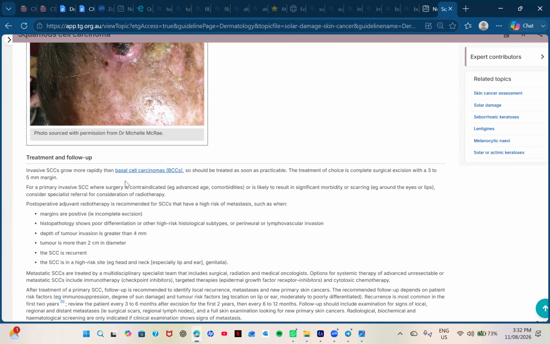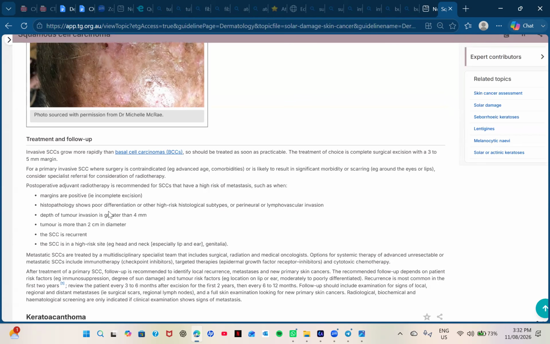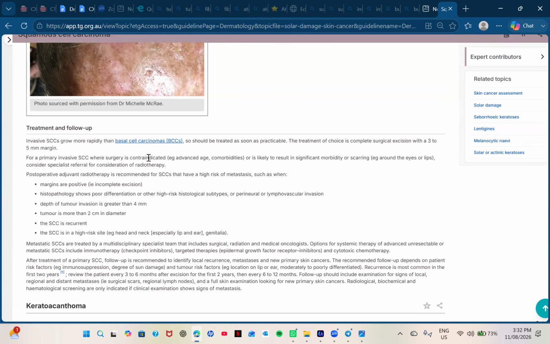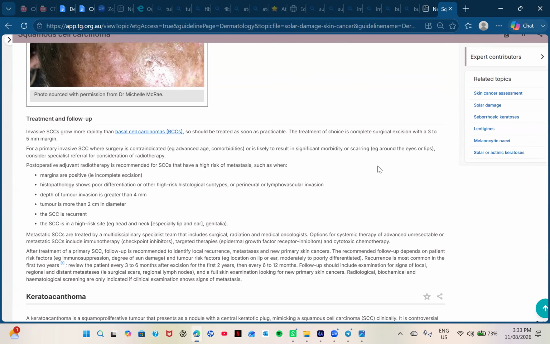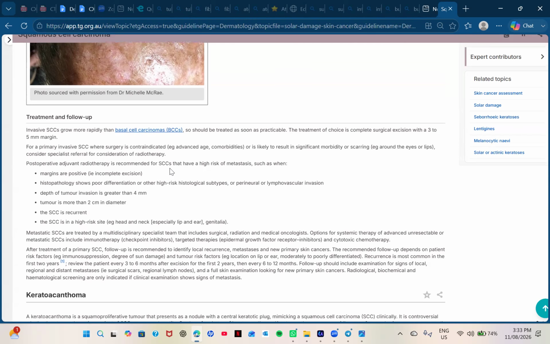After the initial excision, send it for histopathological review, then treat. For a primary invasive SCC where surgery is contraindicated, due to advanced age, comorbidities, or likely significant morbidity or scarring, consider specialist referral for radiotherapy.